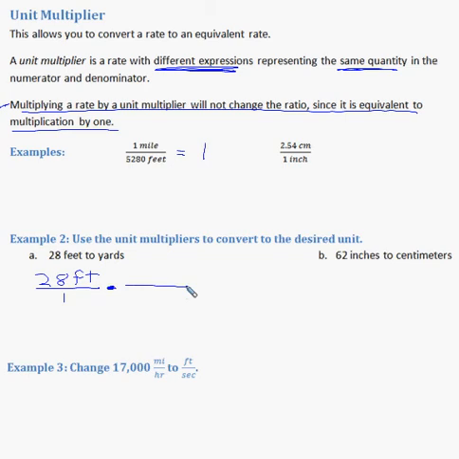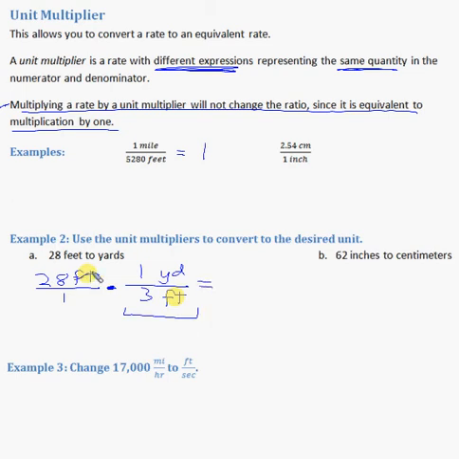We don't want feet anymore, so we need feet in the denominator because then feet in the numerator will end up canceling with feet in the denominator. And if we can, we want to compare feet to yards. So how many feet are in a yard? Well, there's 1 yard for every 3 feet. This right here is a unit multiplier. It's just really equal to 1.